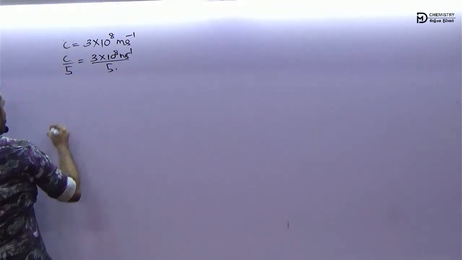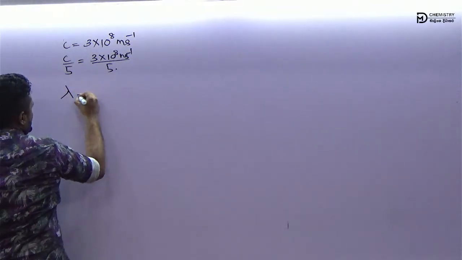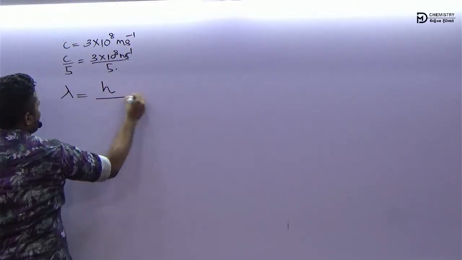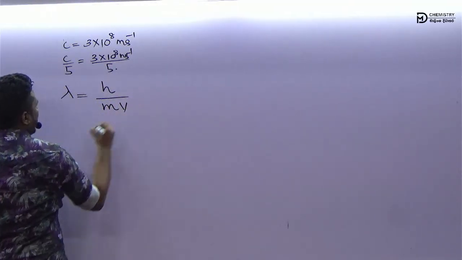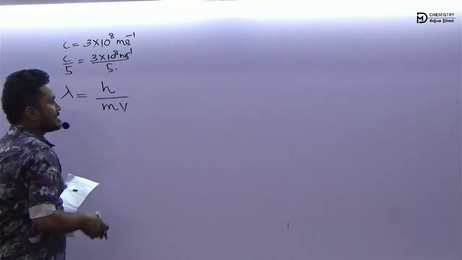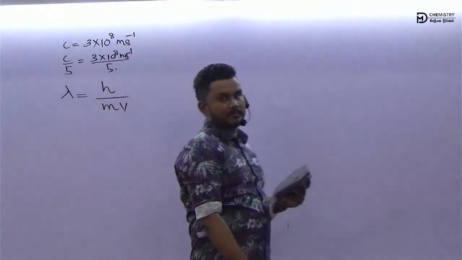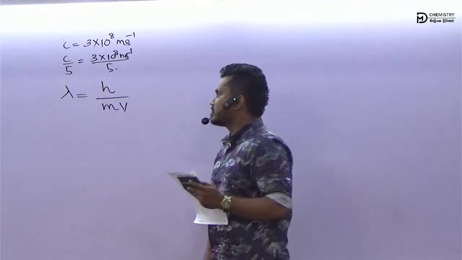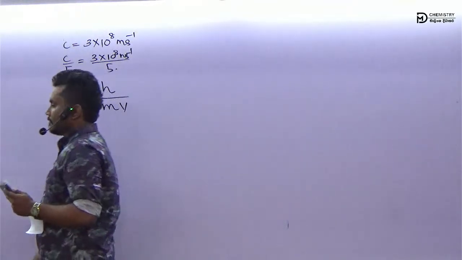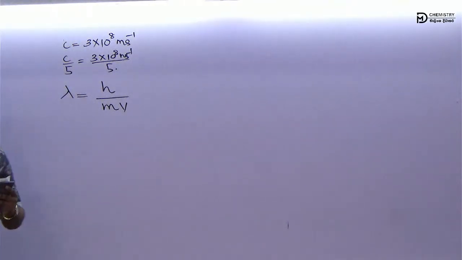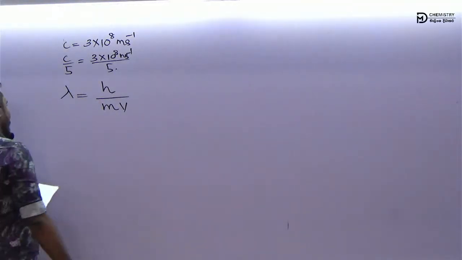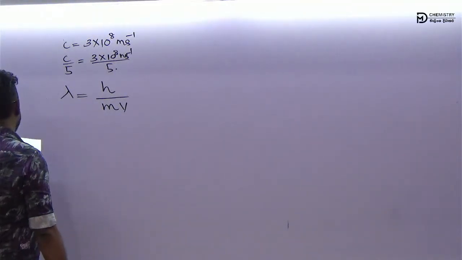Guys, we know there is an equation called lambda equal h over m into v. This is known as de Broglie's equation. From this equation we can prove that a moving object can have a lambda value. So we have to apply these things here.